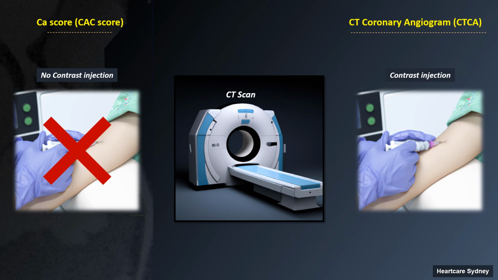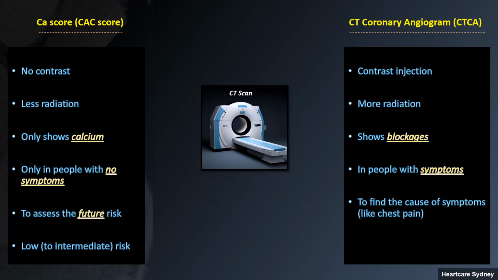The most important difference is that in CT coronary angiogram, we use contrast material which is injected through the forearm. However, in coronary artery calcium scoring, there is no injection and no contrast is used, and we are just using a plain CT scan. Now let's look at some of the other differences between the CAC and CTCA.